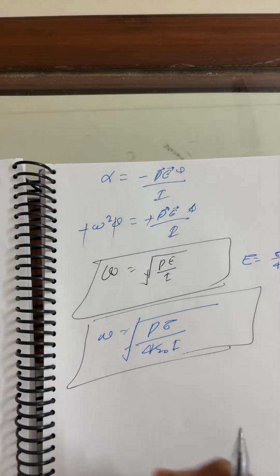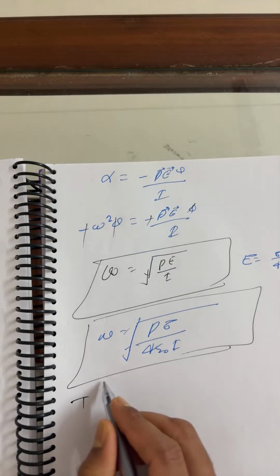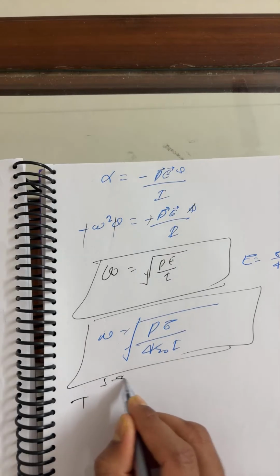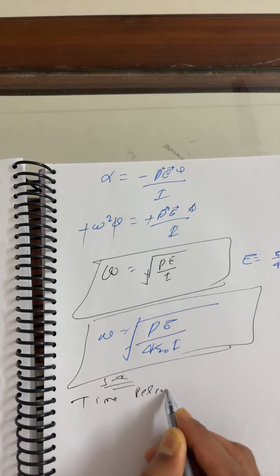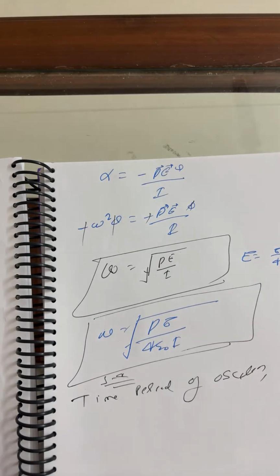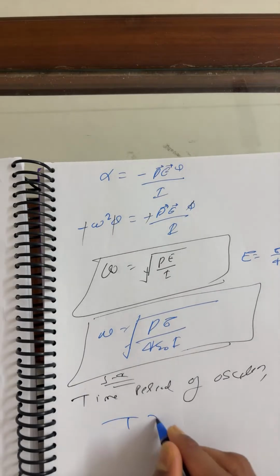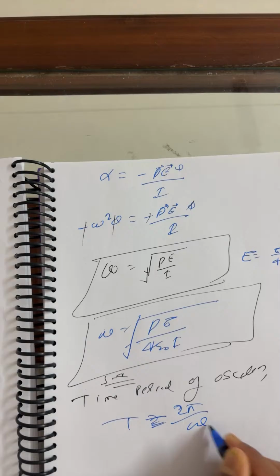Once you got omega, we can easily find the time period of oscillation. This is step number 4. The time period of oscillation T is equal to 2 pi by omega.